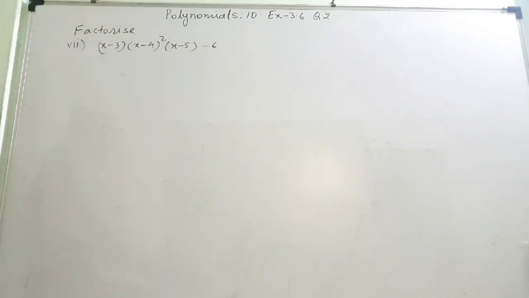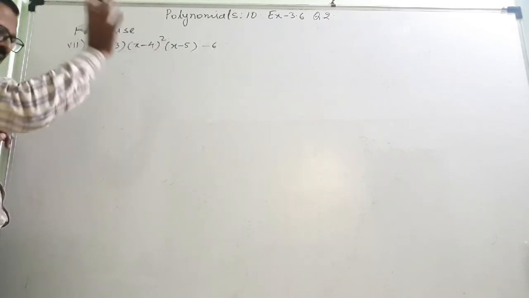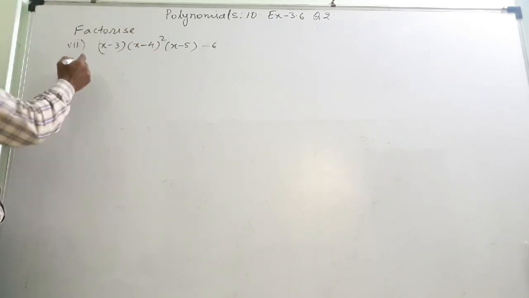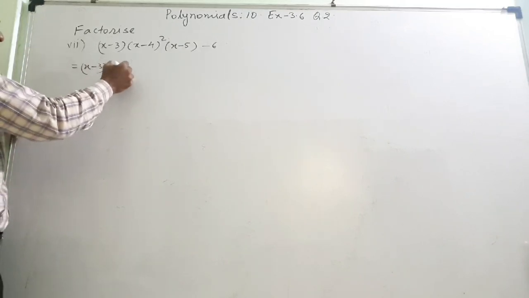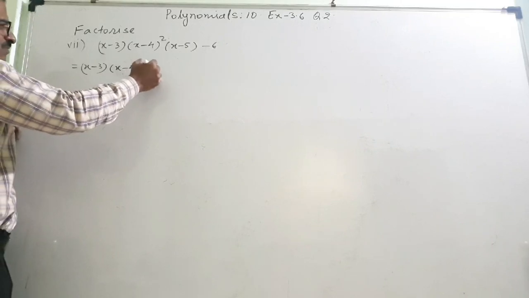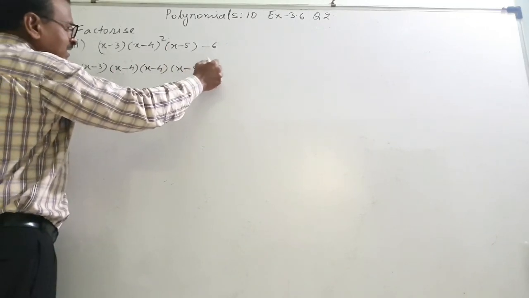I have to arrange the pairs. First of all, (x minus 4) bracket square means (x minus 4) into (x minus 4). That is equal to (x minus 3) into (x minus 4) into (x minus 4), and this is (x minus 5) minus 6.